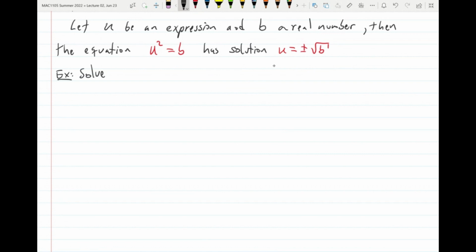So solve x squared minus 20 equals 0. Okay, this one we already did. So let's do this one.